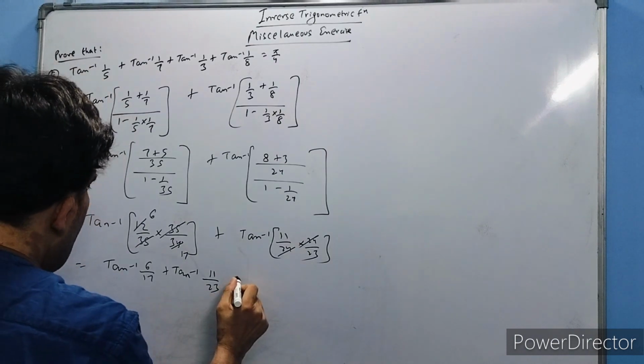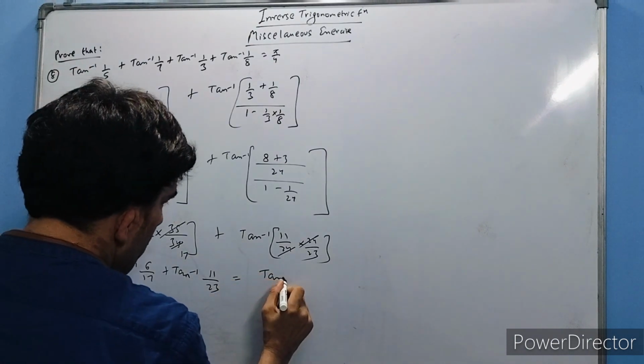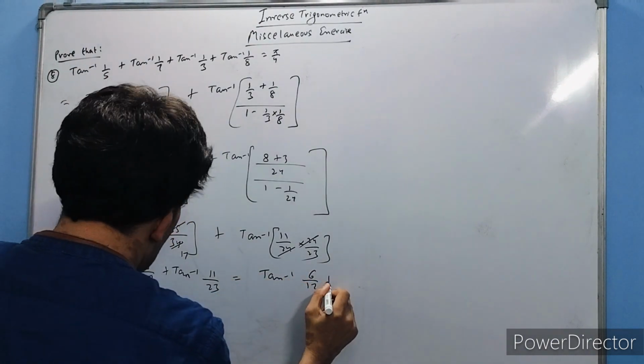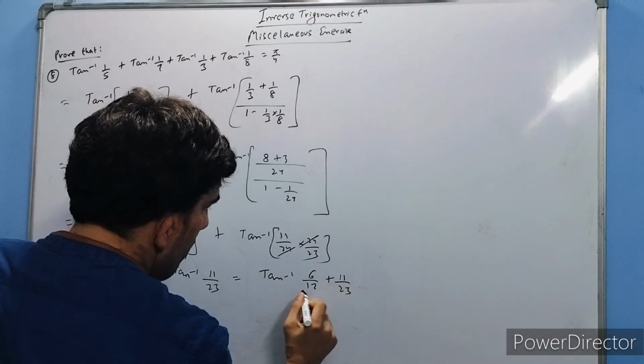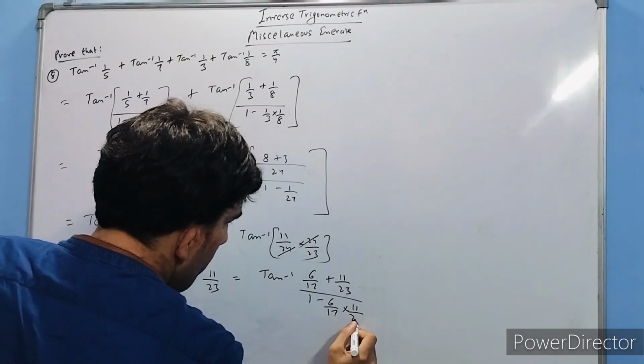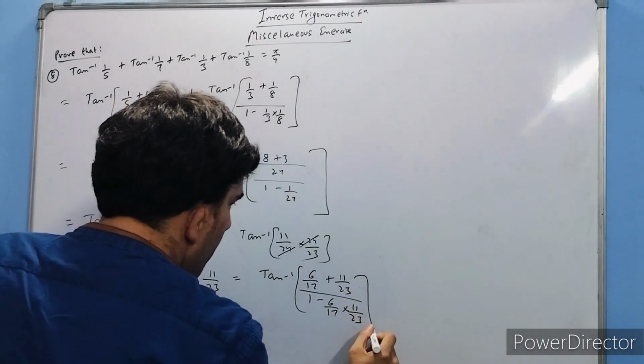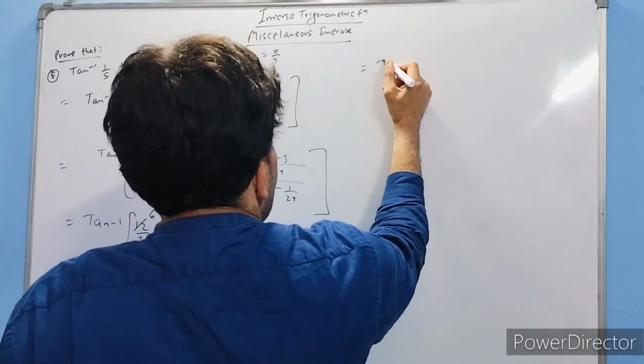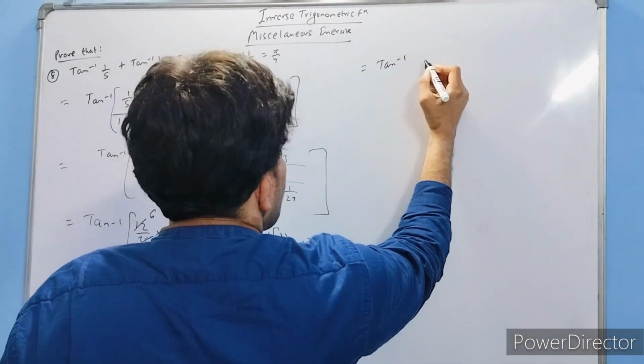So now we'll try to put tan inverse (6 upon 17 plus 11 upon 23) upon (1 minus 6 upon 17 into 11 upon 23). So now I have this.